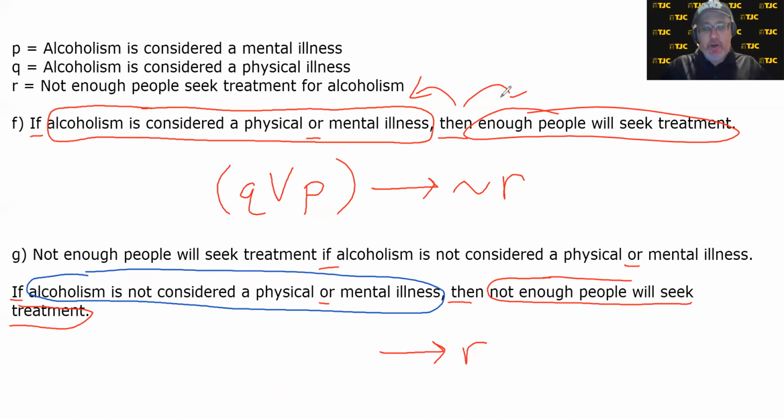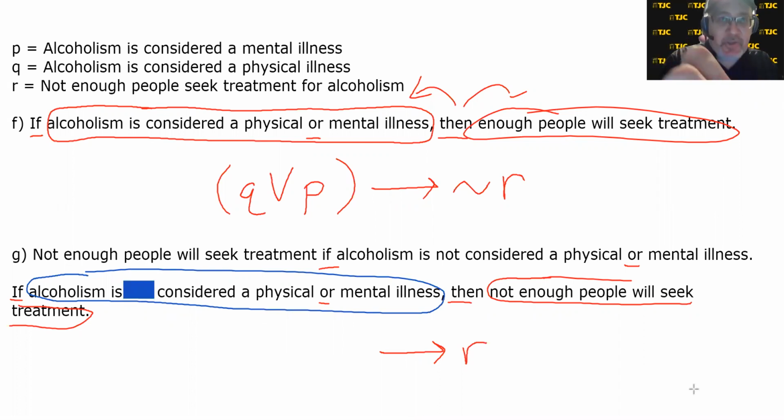If you're not sure how to write a negation like this one, there's a trick to it. The trick is, how would you write it if the word not wasn't there? So just for a moment, we're going to cover up the word not. Alcoholism is considered a physical or mental illness. That part's easy.